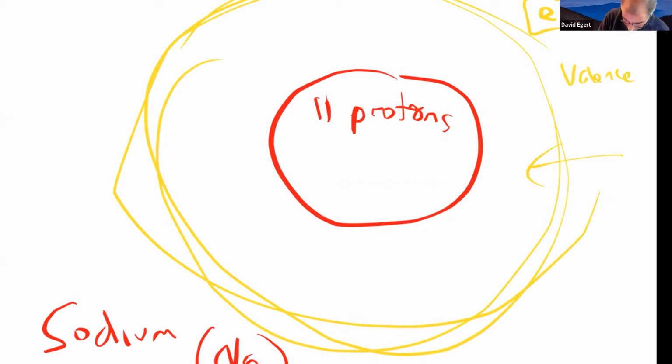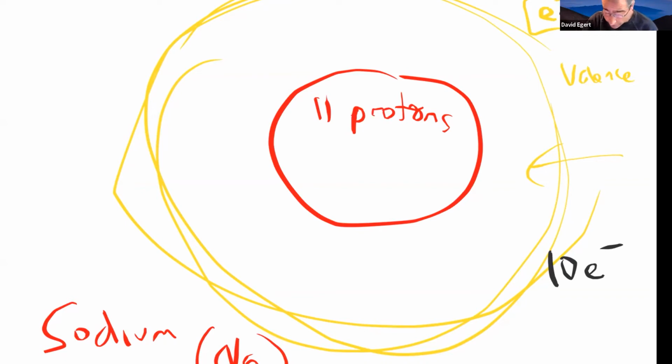So we're going to be left with 10 electrons on the outside, because that 1 valence electron, which is very weakly connected to the rest of the atom, is going to go find something more interesting to do. Probably it ends up grabbing onto the chlorine, right? That chlorine was desperately looking for an extra electron and pulling hard.